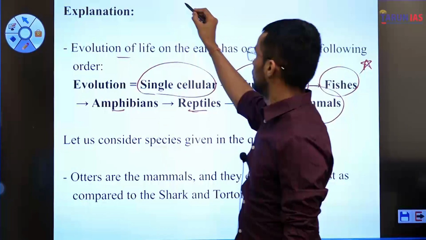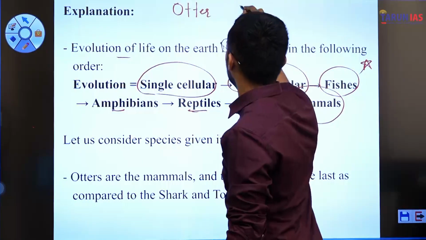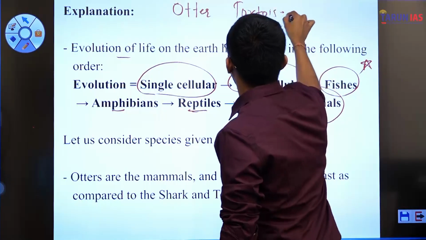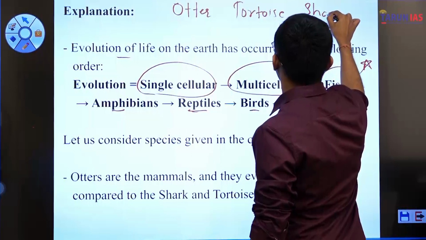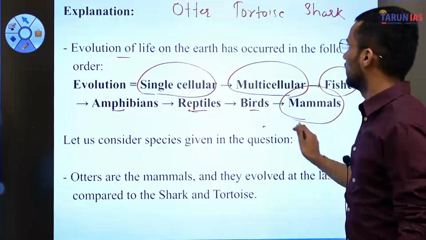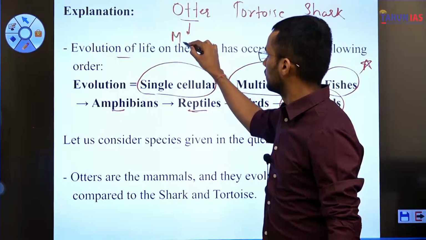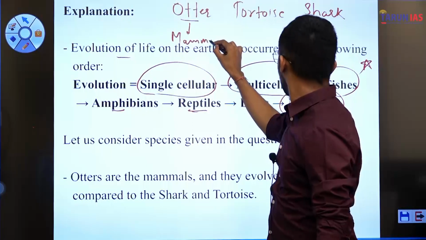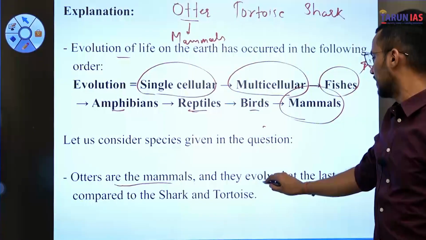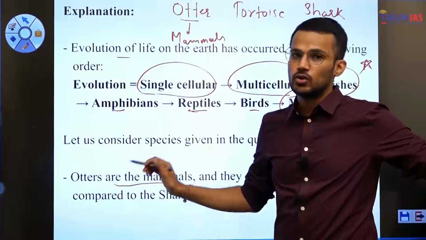And this question talks about three organisms. First is otter, second is tortoise, and third is shark. Out of these organisms, otters are considered as mammals, and they evolved at the last as compared to shark and tortoise.